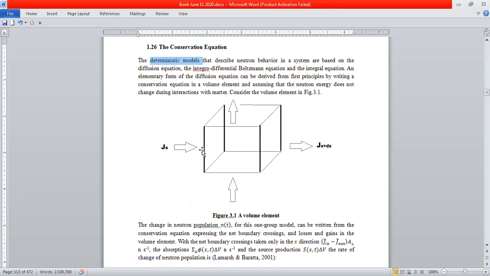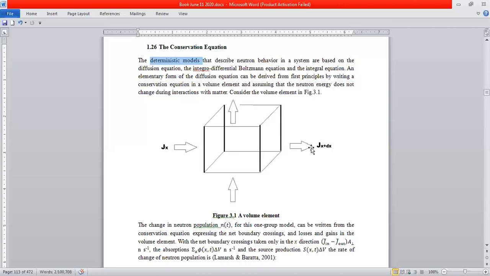Now, as I said in the previous lecture, certain things cross the surfaces, and in this case, it's the current Jx at X, and this is X plus dx, and what's coming out of the other side is Jx at X plus dx. I told you in the last lectures that J is a current. It has the same units as flux, neutrons per centimeter square per second.